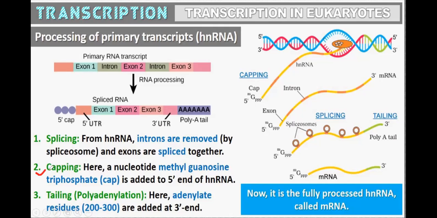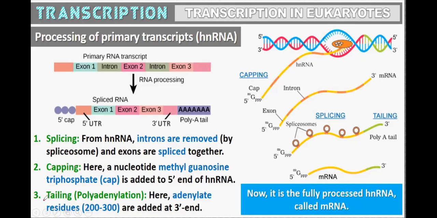Then there is capping. Capping means a nucleotide, methyl guanosine triphosphate, is added as a cap to the 5' end of the hnRNA.